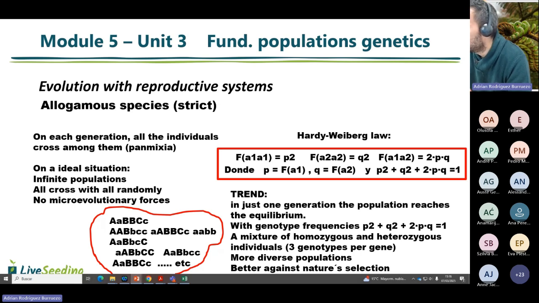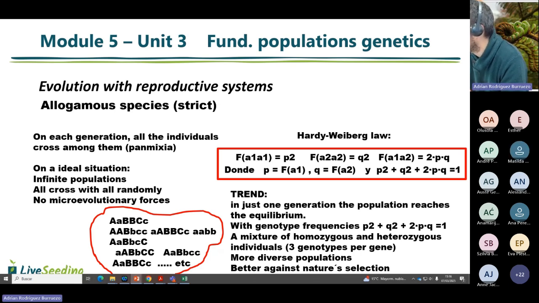And the same with the frequency of individuals or genotypes A2A2 as q squared, the frequency of allele 2 squared. And what happens with the heterozygous individuals? The last formula estimates the frequency of the heterozygous individuals in a Hardy-Weinberg population as 2 by p by q.